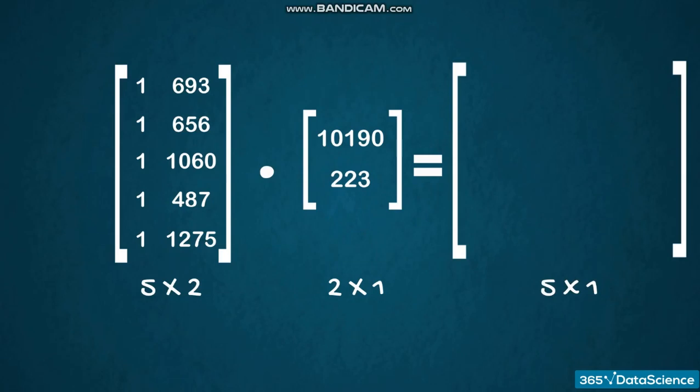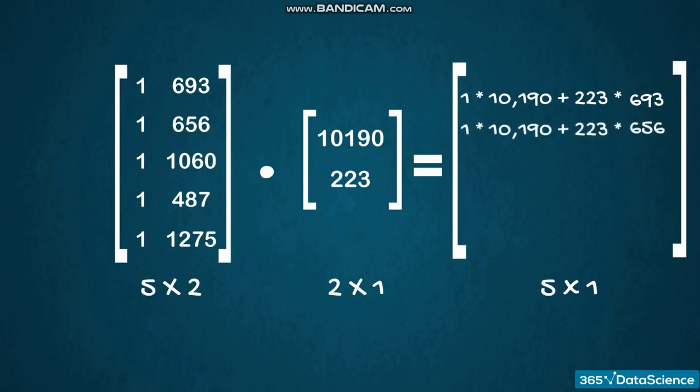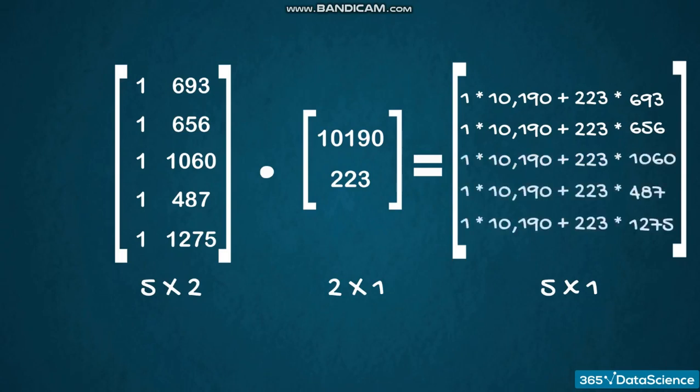The first element will be equal to 1 times 10,190 plus 693 times 223. The second, 1 times 10,190 plus 656 times 223, and so on. By inspecting these expressions, we quickly realize that the resulting vector contains all the manual calculations we made earlier to find the prices.